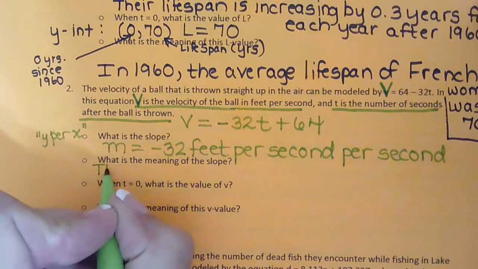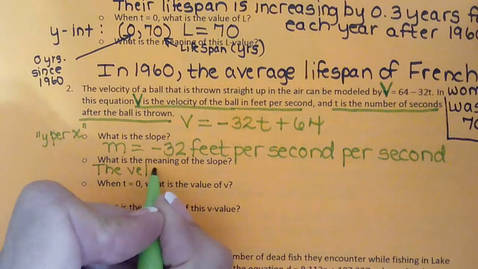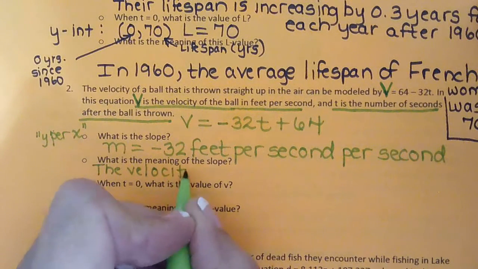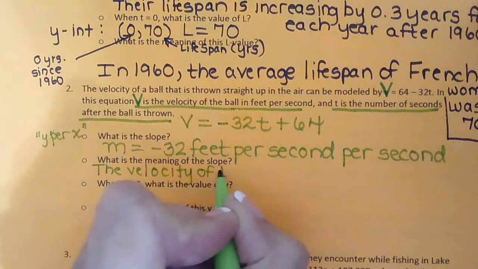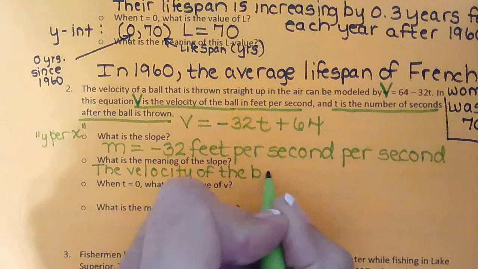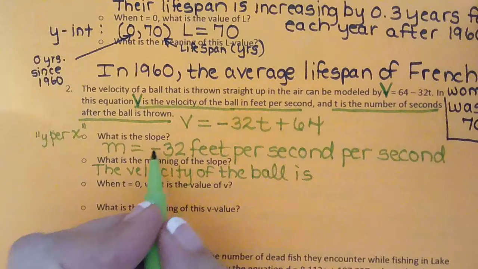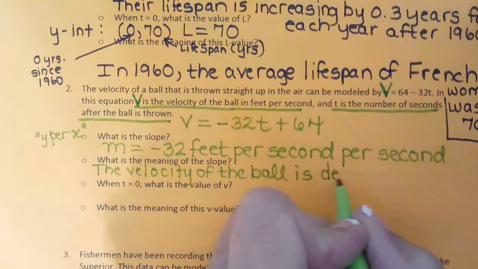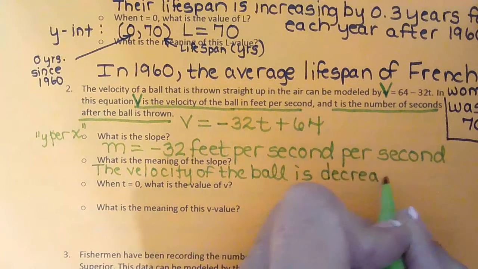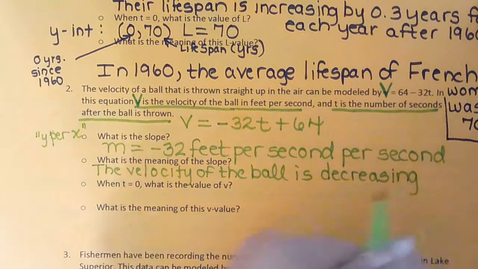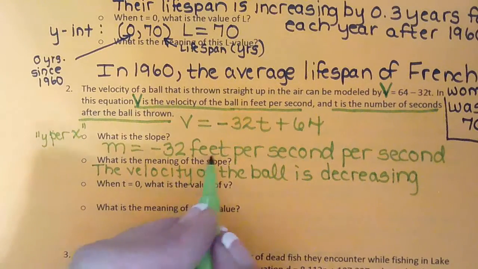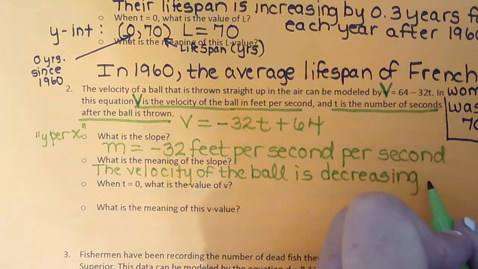So the velocity of the ball is, and then to use that we'd say decreasing instead of the negative sign by 32 feet per second per second.